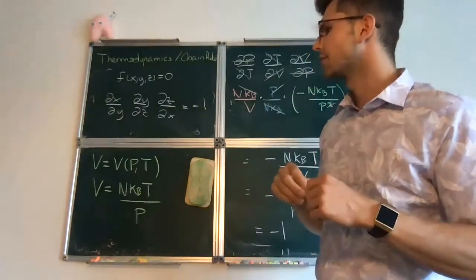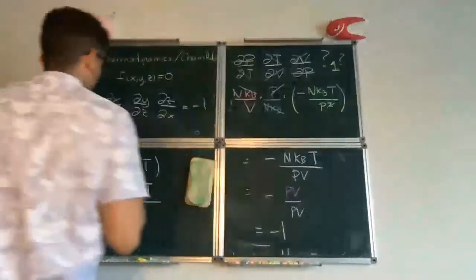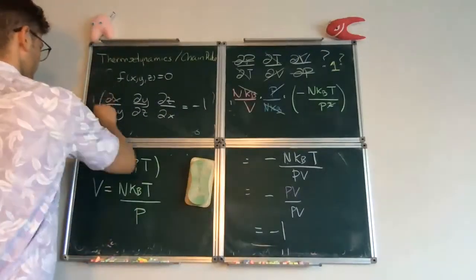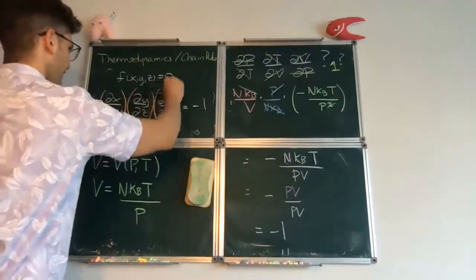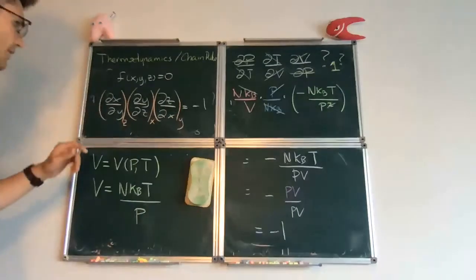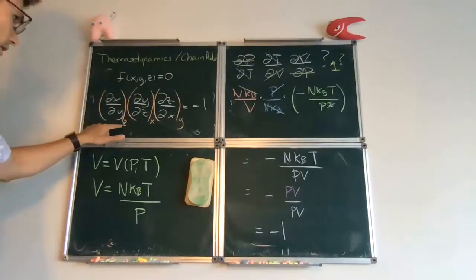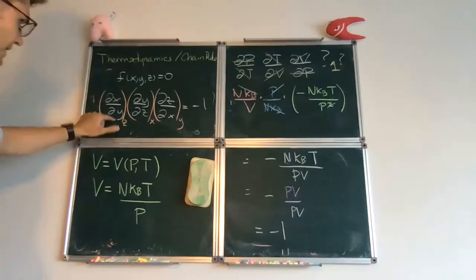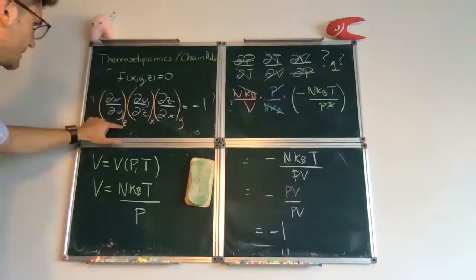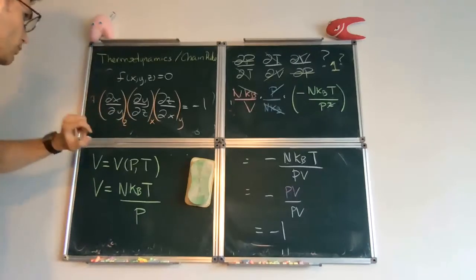So sometimes what people will do in order to prevent you from the temptation of differentiating like this is that they will emphasize the variables that you are keeping constant when you're doing the partial derivative. So this notation means think of x as a function of y and z, but just differentiate with respect to y.